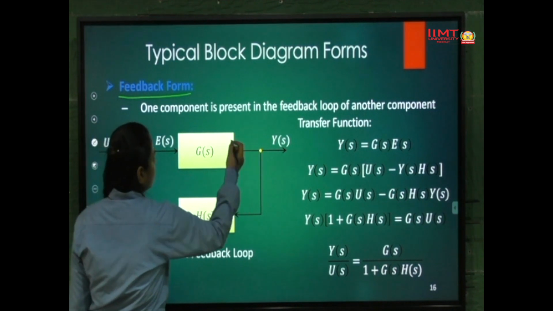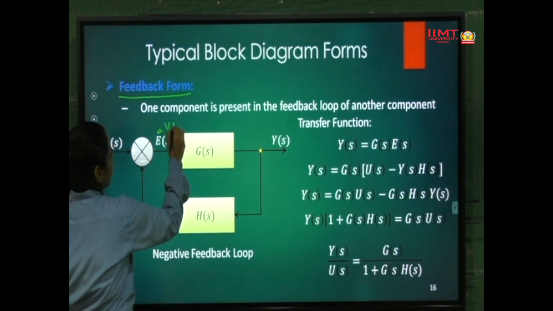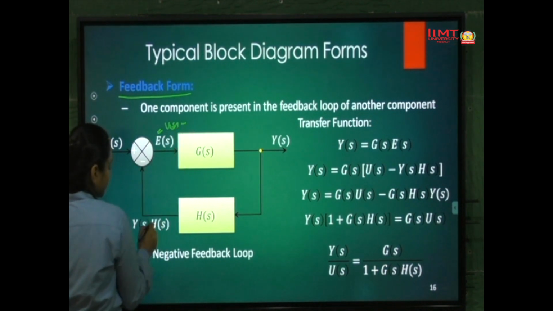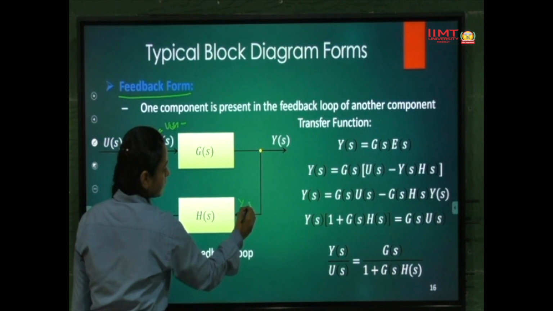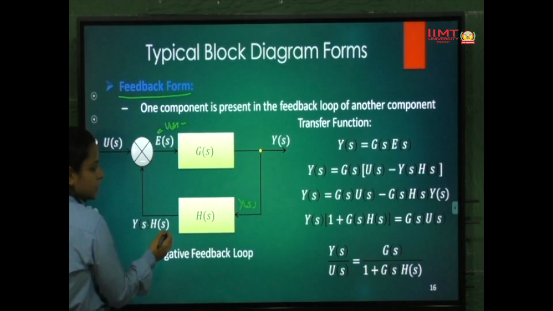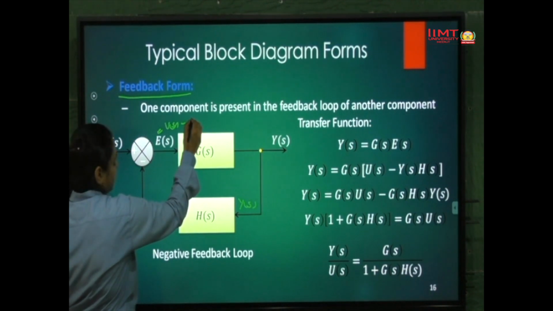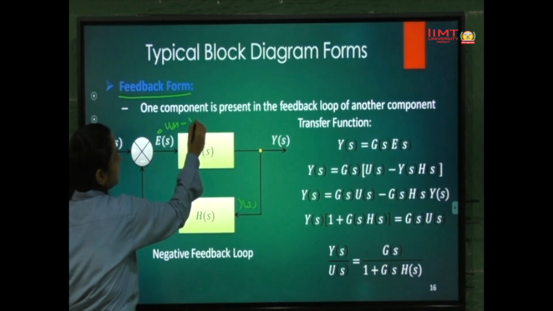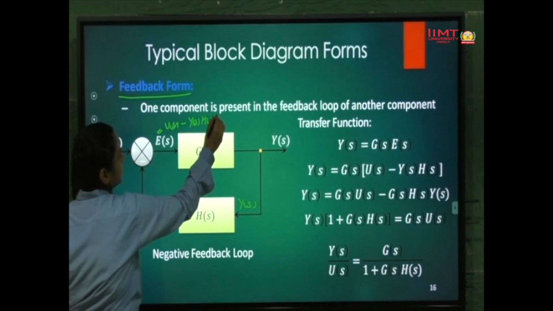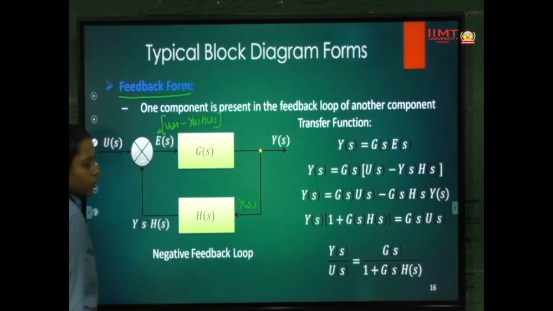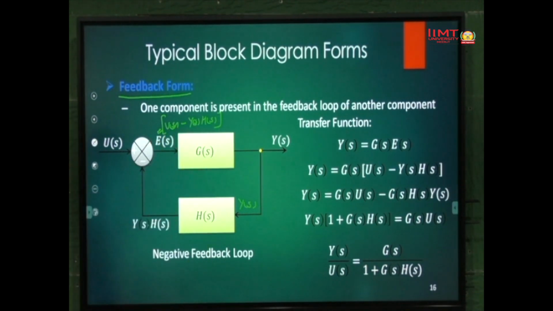This is the error signal, which is equal to U(s) minus Y(s) into H(s), since we have taken Y(s) as feedback and get Y(s) into H(s). So E(s), the error signal, is equal to U(s) minus Y(s) H(s).